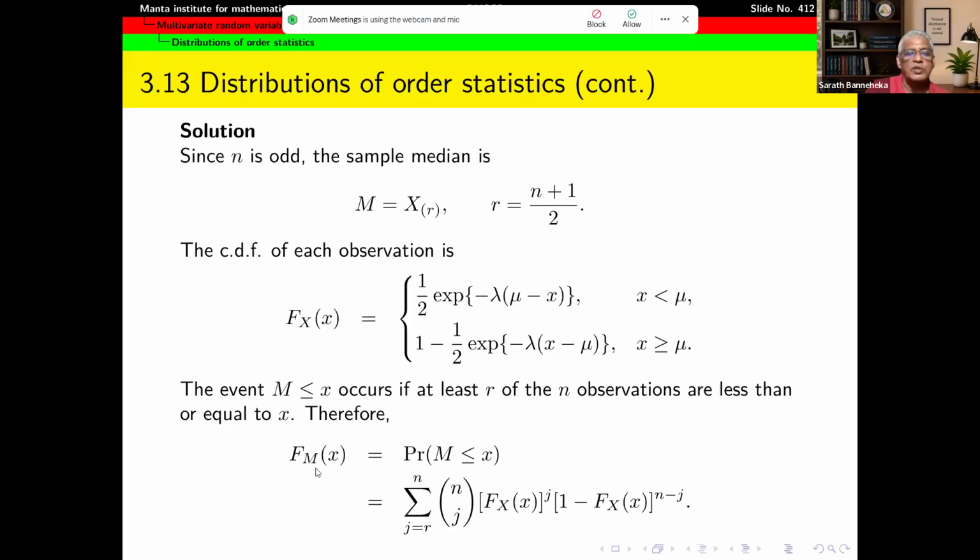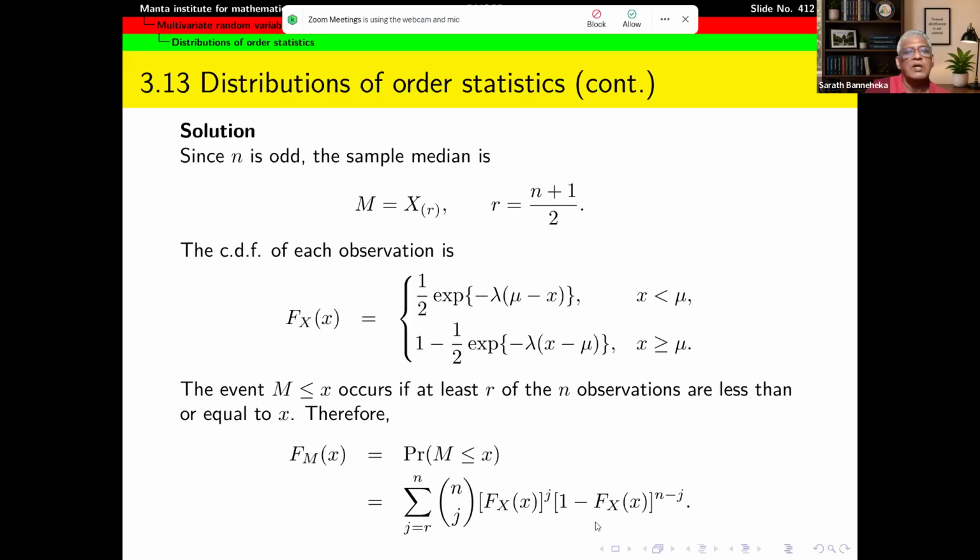Then I get the cumulative distribution function of the median at that value of x. If x is greater than mu, I'll have to substitute this other expression for F_X here and here. Then I will get the cumulative distribution function of the median at that value of x. That's how you get the cumulative distribution function; depending on x, you can derive it.